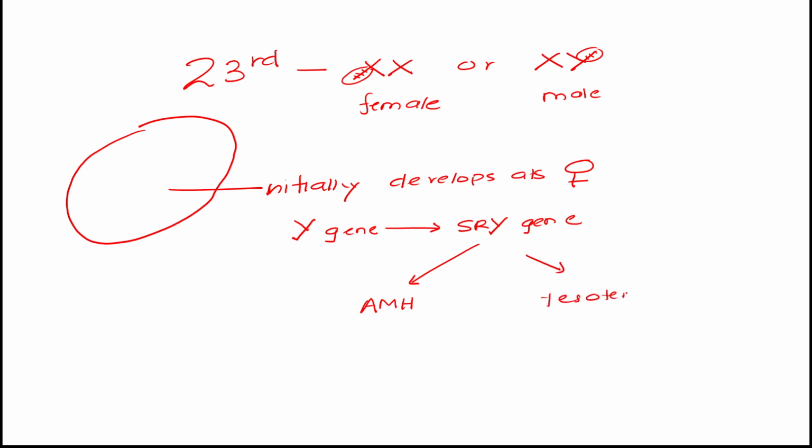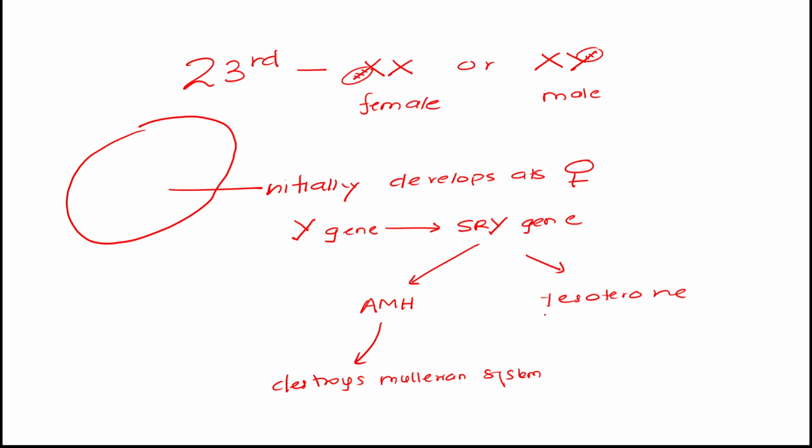The anti-Mullerian hormone will act on the Mullerian system and will destroy it. So this destroys the possibility of the formation of the uterus as well as the fallopian tubes. And it enhances the development of the Wolffian system as well as the testes.